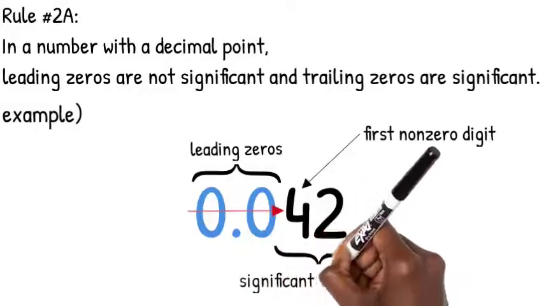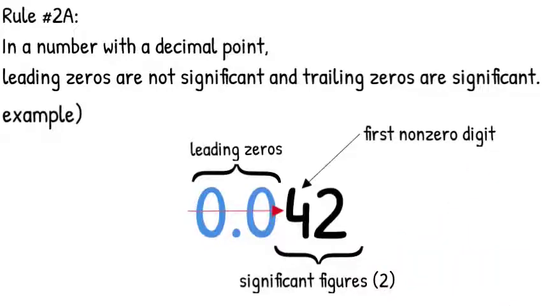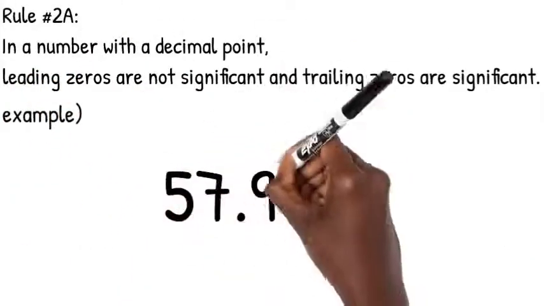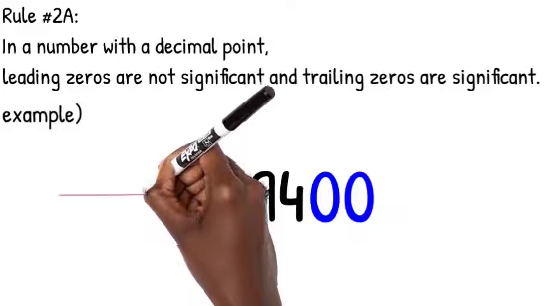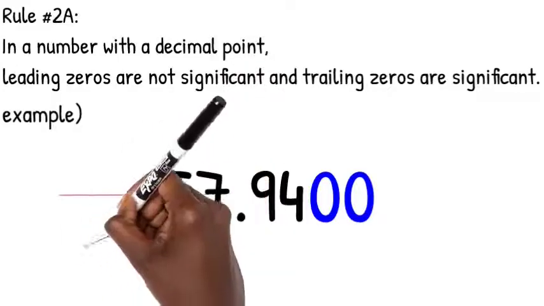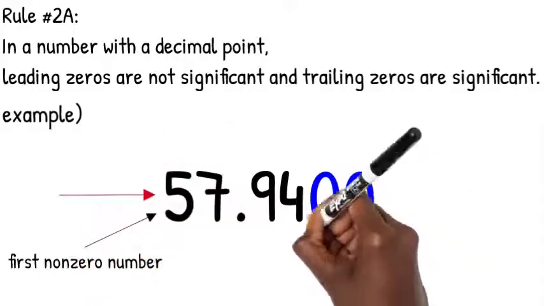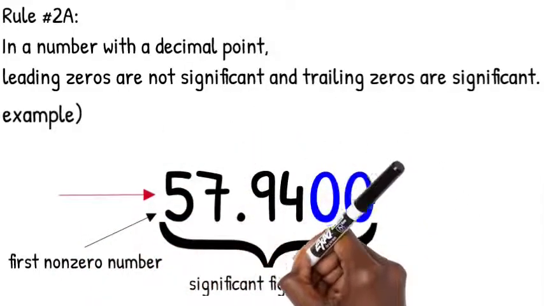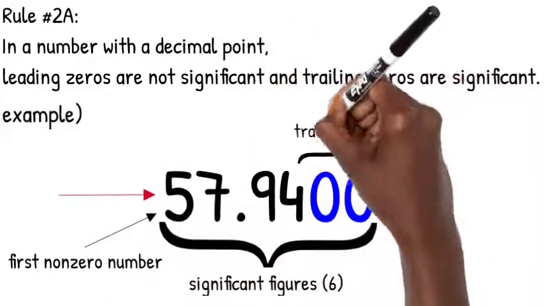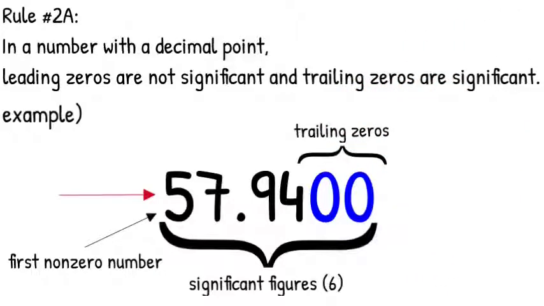Therefore, this number has 2 significant figures. 57.9400. The first digit in this number is a non-zero number, so it is significant. Therefore, every digit after is also significant, including the trailing zeros. This means that every digit in this number is significant. Therefore, it has 6 significant figures.